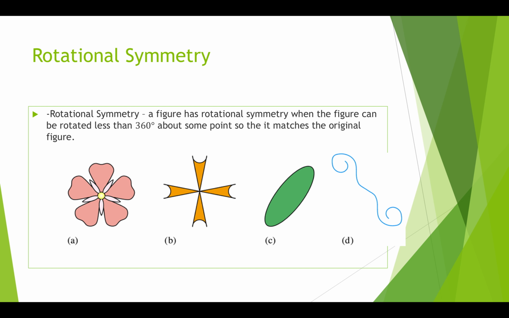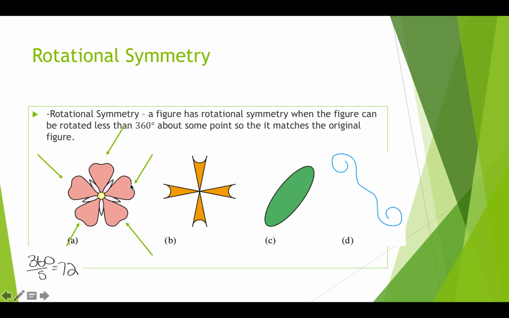So if we look at this flower, there's 1, 2, 3, 4, 5 parts to this shape. So I'm going to take my 360 and divide by 5. That's going to tell me my rotational turn is 72 degrees. If I took my first petal here and turned it 72 degrees, it would end up right here.